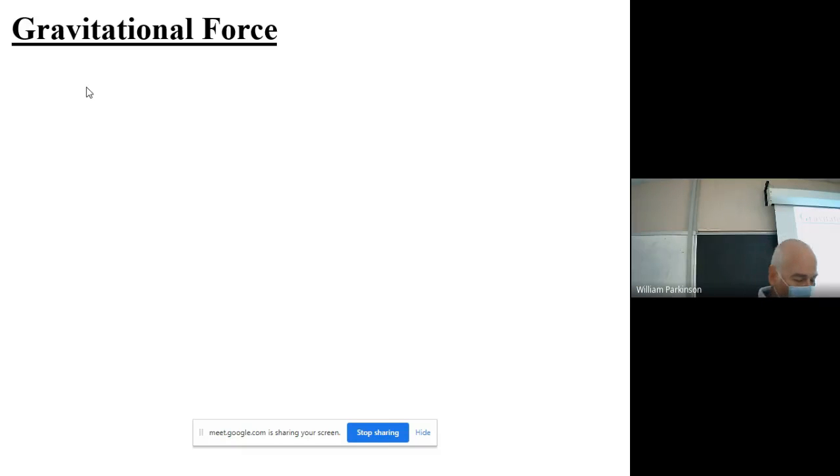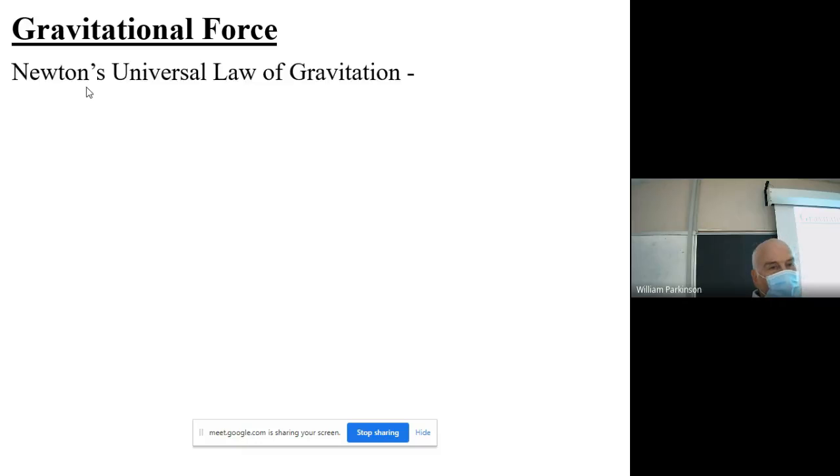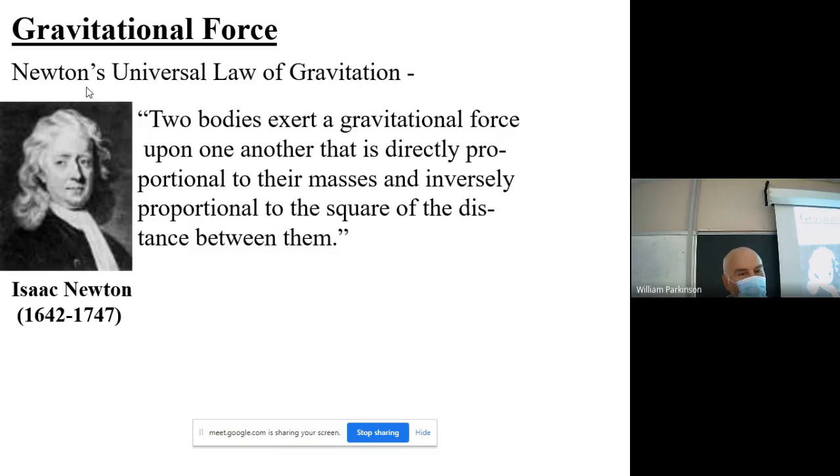Okay, so gravitational force was described by Newton. I hate to use the word discovered. It's kind of hard to say you discovered gravity because gravity was always there, and a lot of other people observed it.